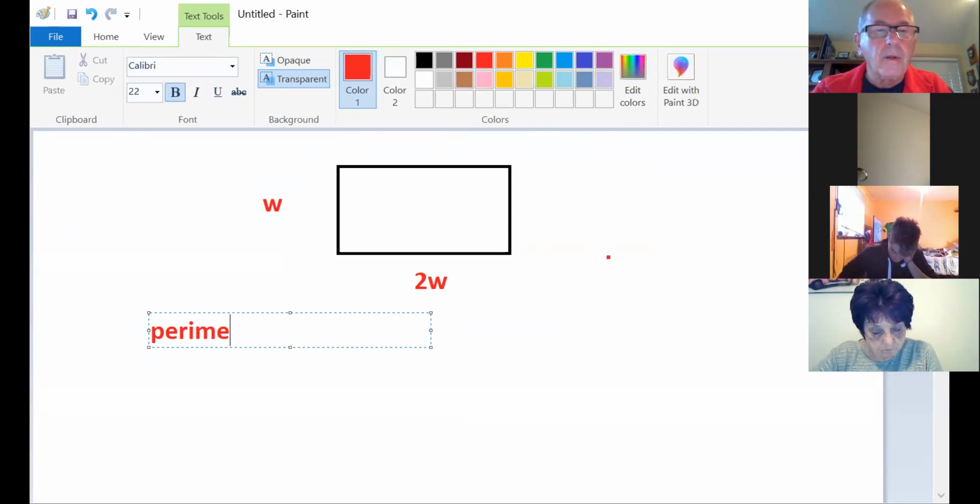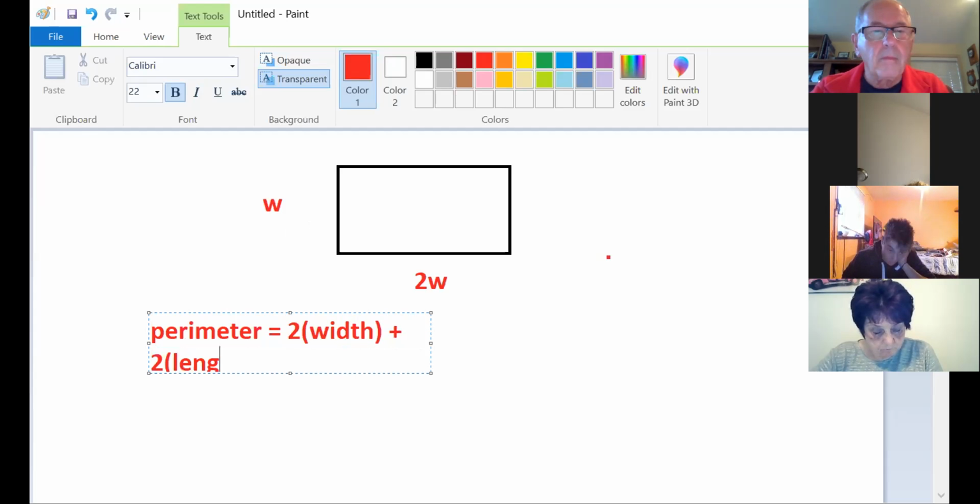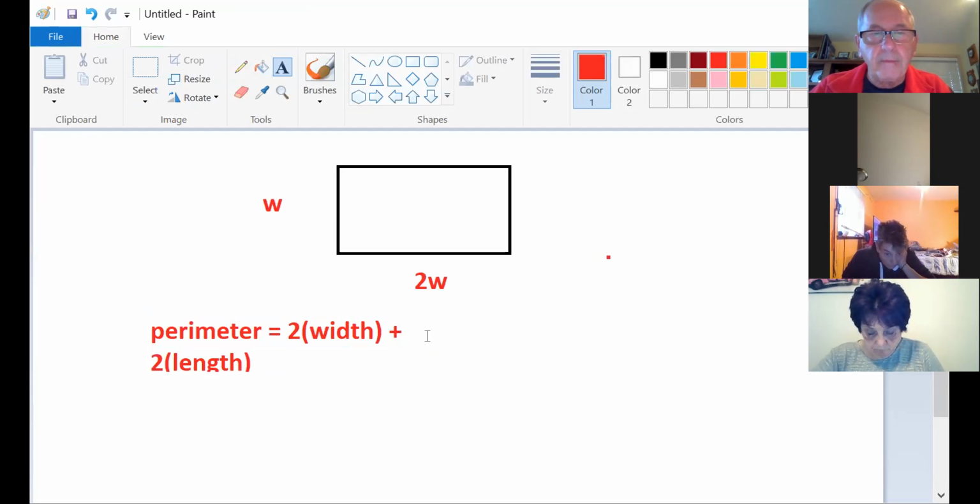Perimeter is just equal to the sum of all the sides, right? So you can say 2 times the width, right? Plus 2 times the length, right? And then you just go ahead and plug in what you got.